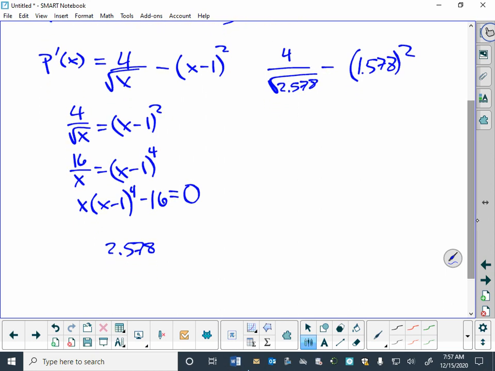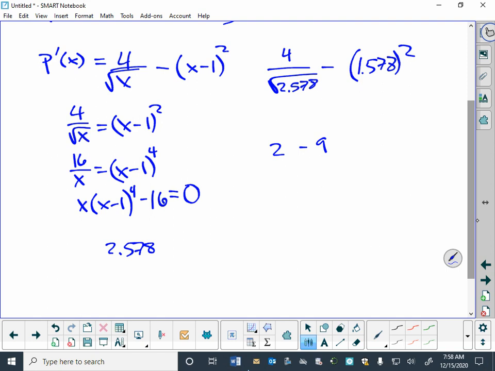I wanted to check something to the left of it and something to the right of it. I didn't do that very well, except that I rounded down, and to the left I got a positive number. To the right, I'll put something nice in here like a 4, so the square root of 4 is 2, and I would get a 2 minus, and then 4 minus 1 is 3, squared is 9, so that's going to be negative to the right.